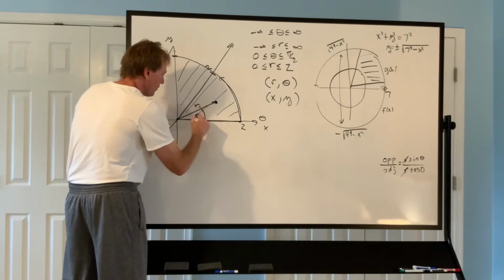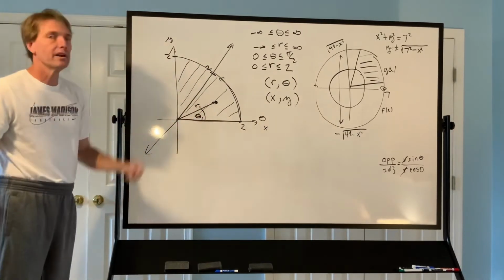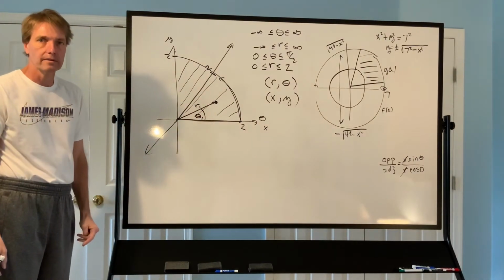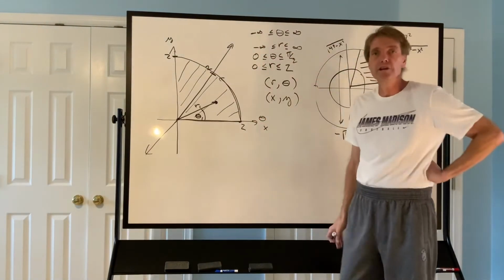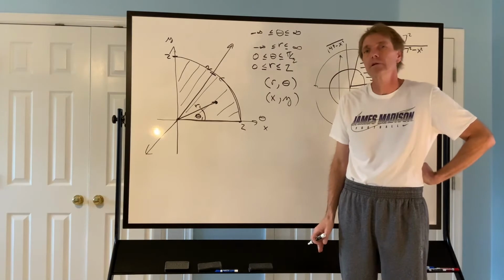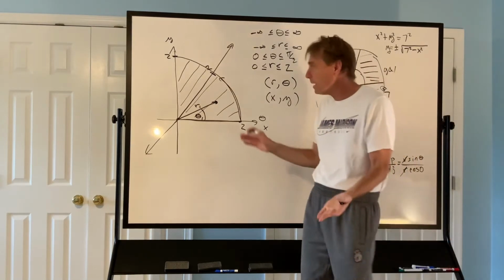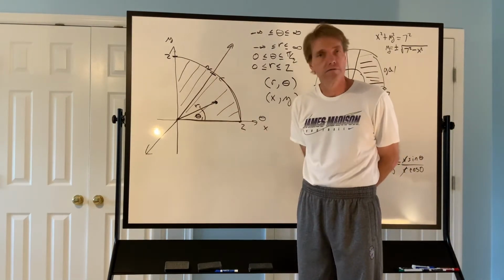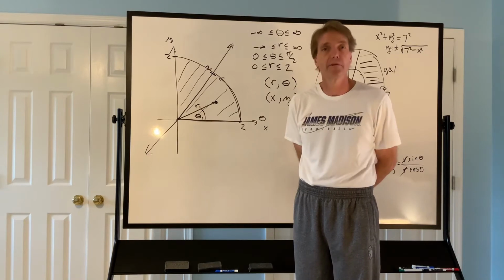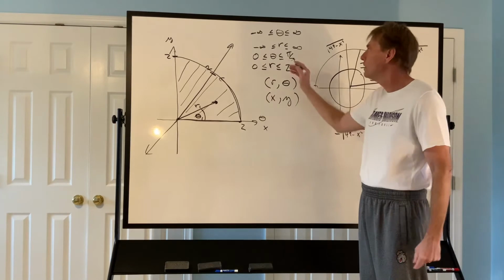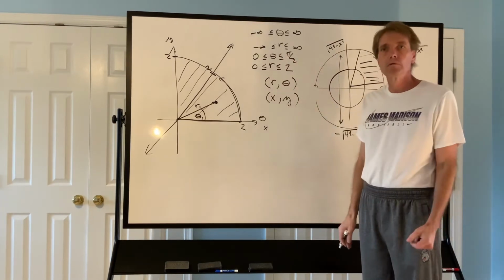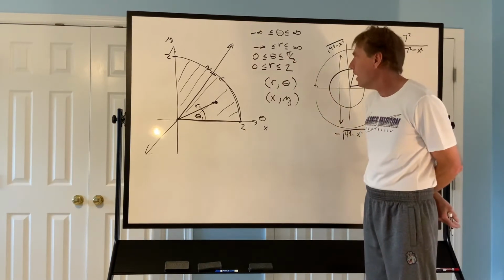We'll just call this r1, theta 1, that would hit that point. Now again, describing this kind of region in Cartesian form is a nightmare comparatively. We're just saying, in polar form, r is going to run between 0 and 2, and theta is going to run between 0 and pi over 2.